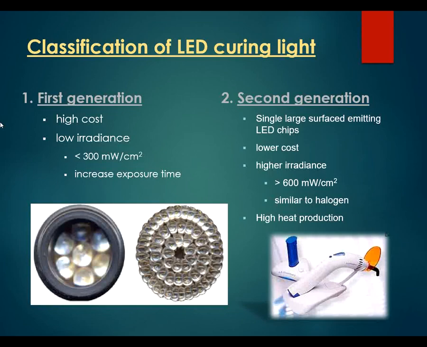Second generation is single large surface emitting LED chips, lower cost, higher irradiance, more than 600 microwatt per centimeter square, similar to halogen, high heat production.